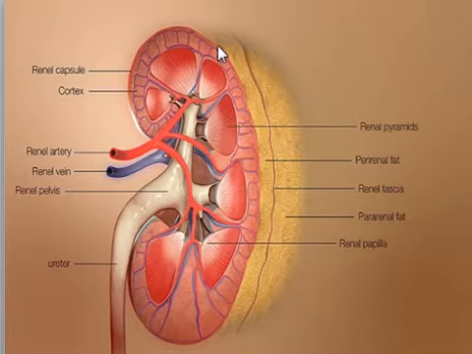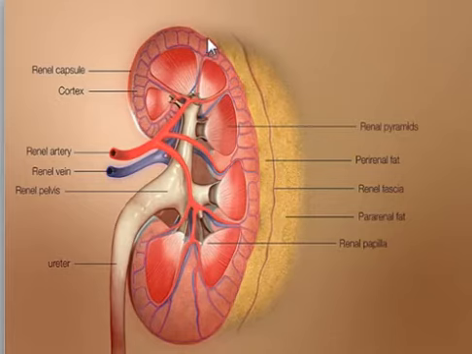The kidney is protected by 3 layers of connective tissue. From the outside, this is the fibrous renal fascia, which is associated with the abdominal wall. The second is the adipose tissue.